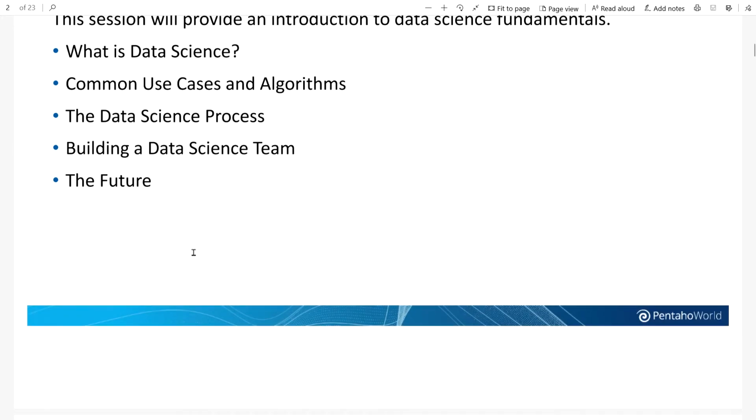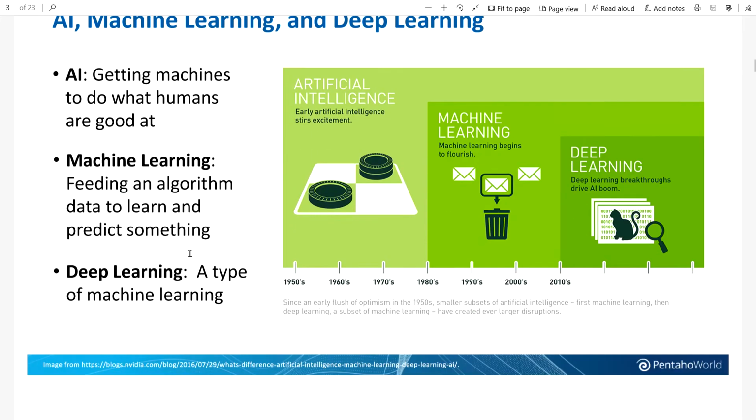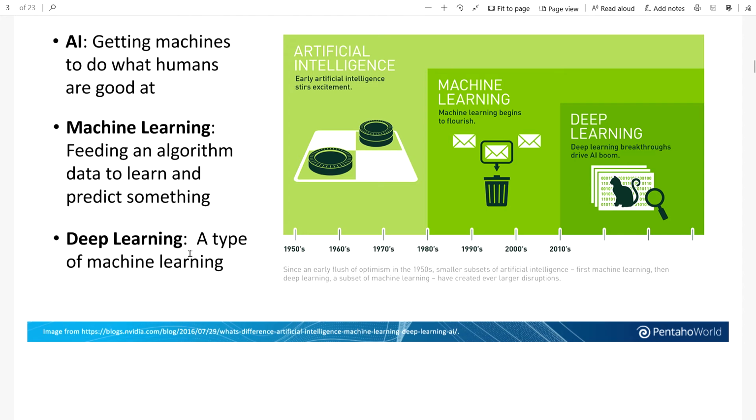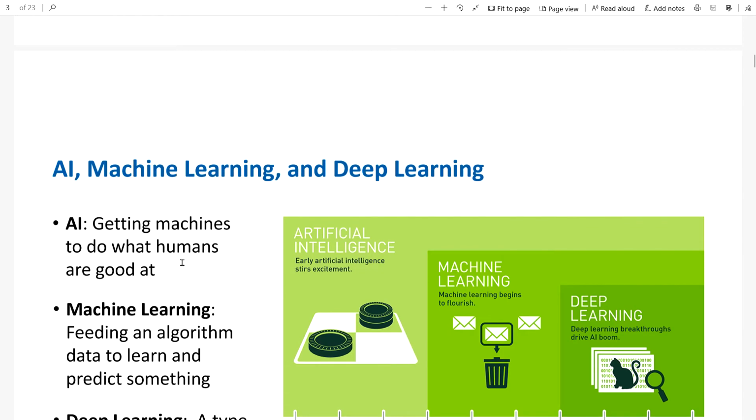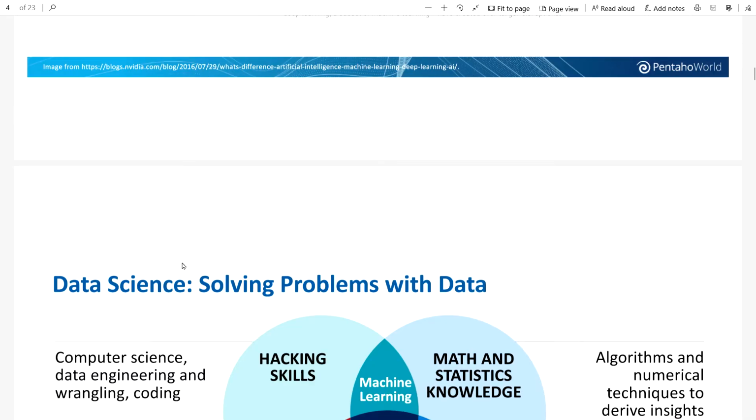So, getting started, what exactly is data science? Data science is a subfield of artificial intelligence, machine learning and deep learning at its core. So the basics of deep learning, machine learning and artificial intelligence involve data science, that is, doing science with data.